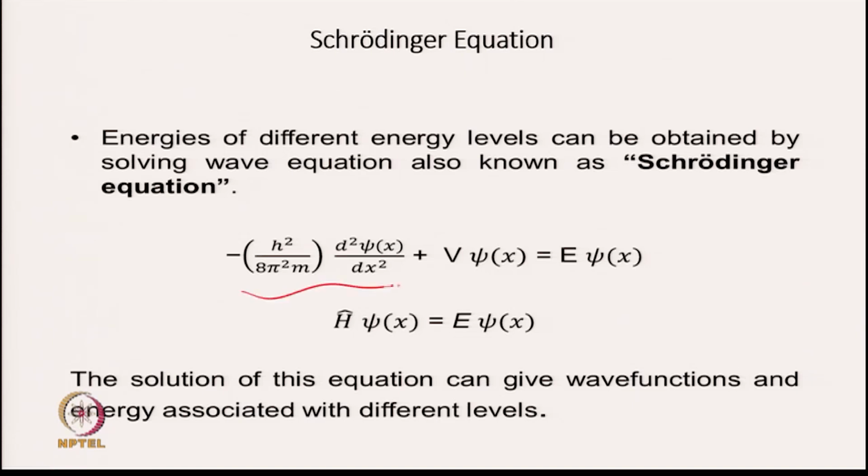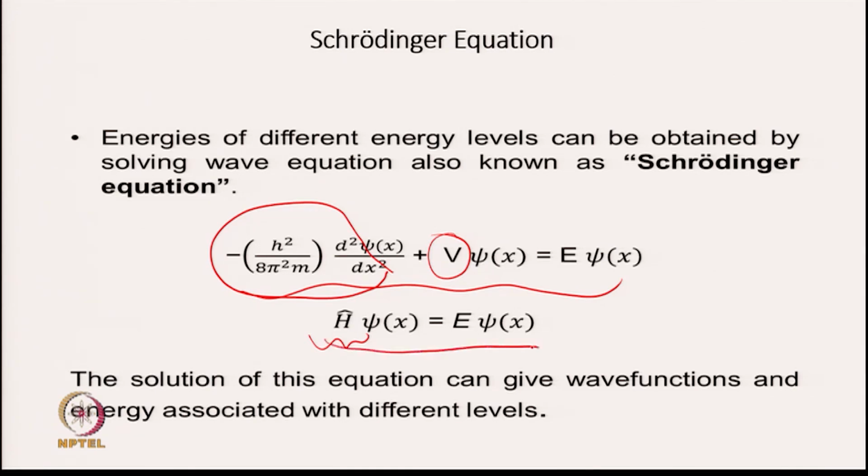This is your Schrodinger equation, and this whole term, this is your kinetic energy term, this is the potential energy term, and that is given by the operator H. I will talk about operators, what operators are, but this is your equation which is known as H psi is equal to E psi.